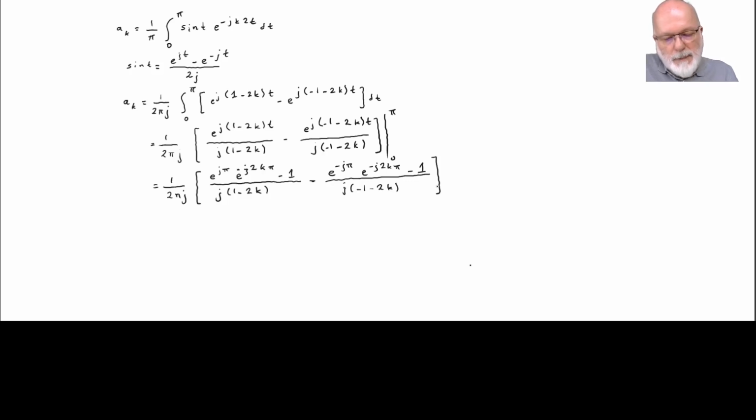Now, if we look at the terms in the numerators over these two expressions, e to the j pi is equal to minus 1, and e to the minus j pi is equal to minus 1, and e to the minus j 2k pi, with integer multiples of 2 pi, will be equal to 1.